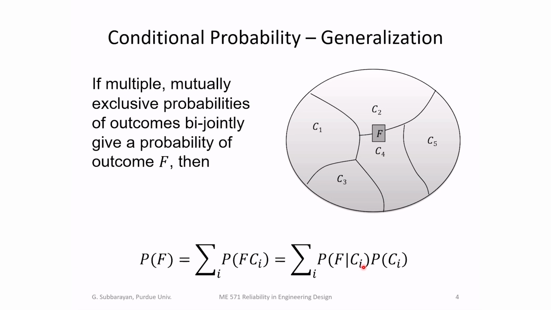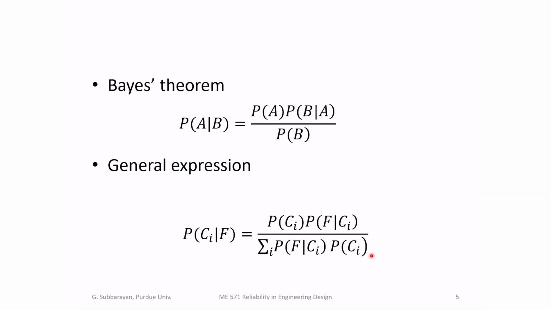I'll work through examples to illustrate this notion, but it's important to keep in mind that this probability of failure given Ci is the situation in a laboratory, whereas in reality we would seek Ci given F. In field use, not in a laboratory environment, given that a failure has occurred, we would seek the probability that it occurred due to a specific cause.